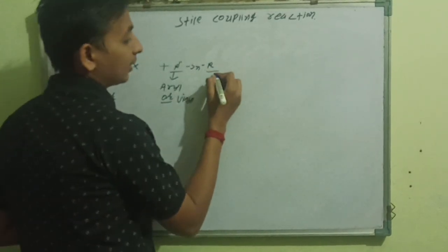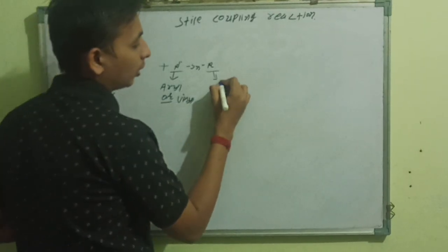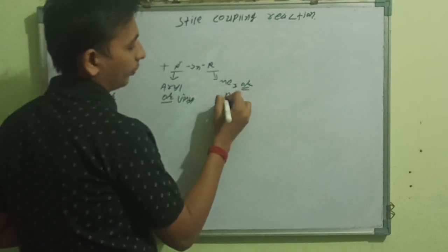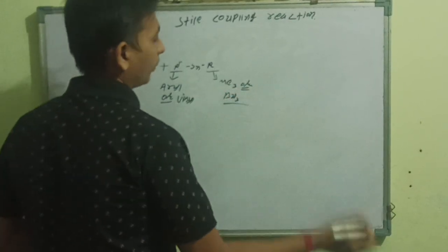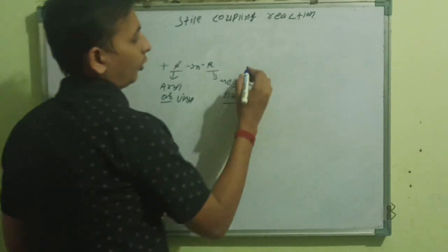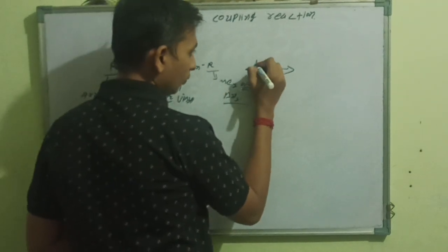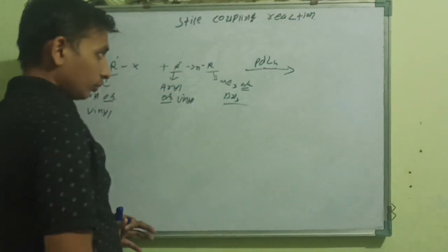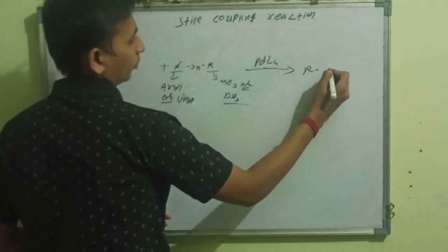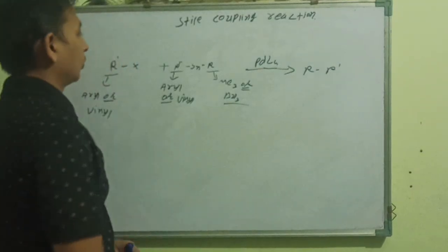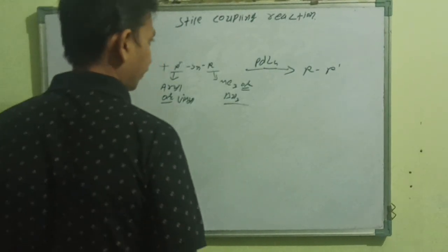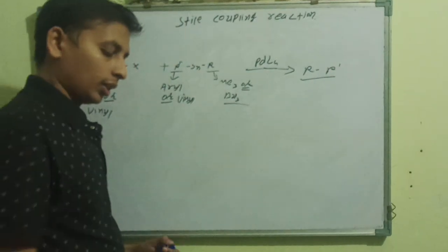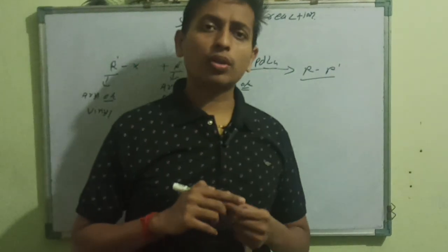And this is very important: the organotin compound, tin with butyl groups. Then we use a palladium catalyst, and this is the product. So this is the basic Stille coupling reaction.